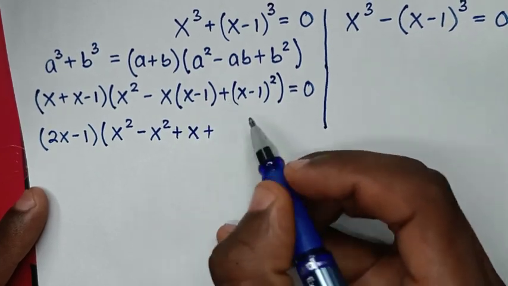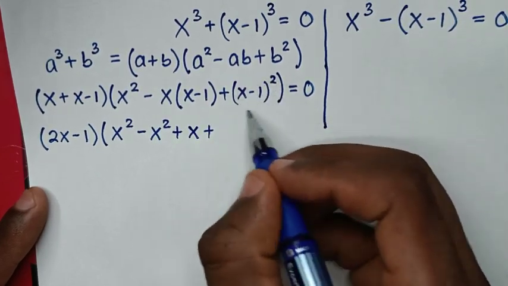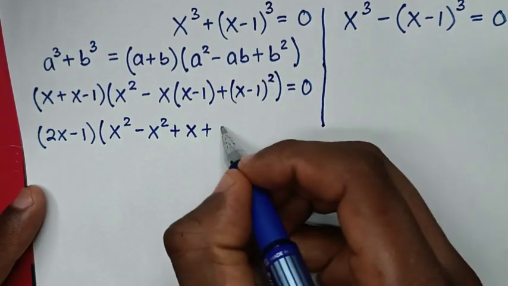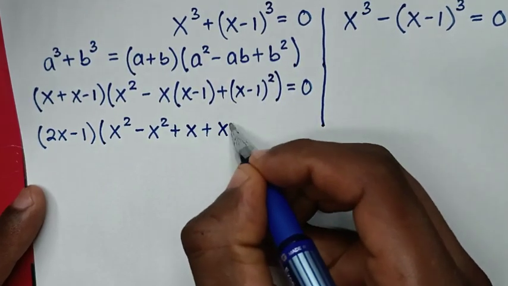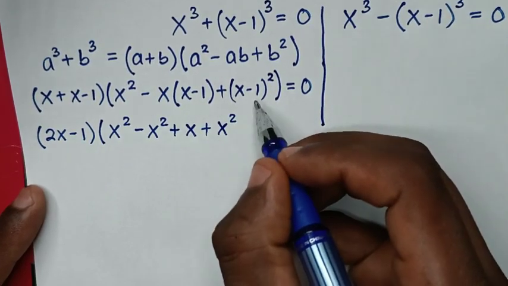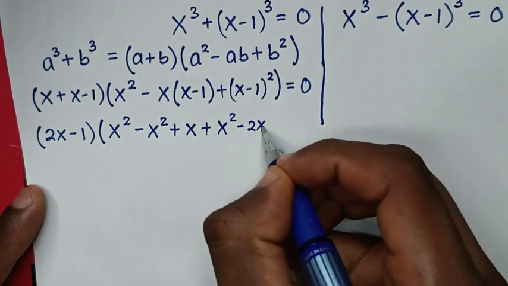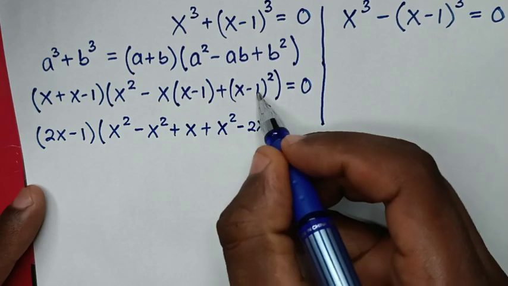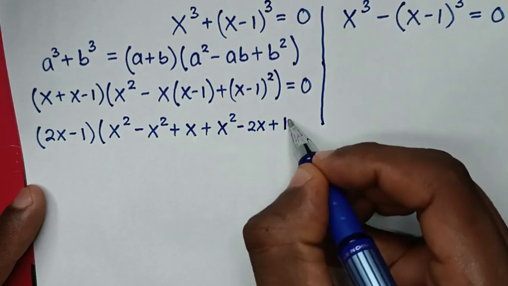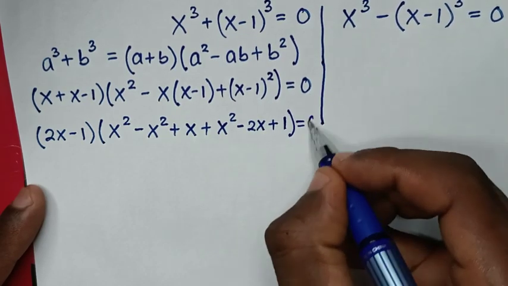Then plus (x - 1)^2. We expand this. Here it will be x times x is x^2. 2 times negative 1 times x is negative 2x. Then plus 1 square, it is 1, is equal to 0.